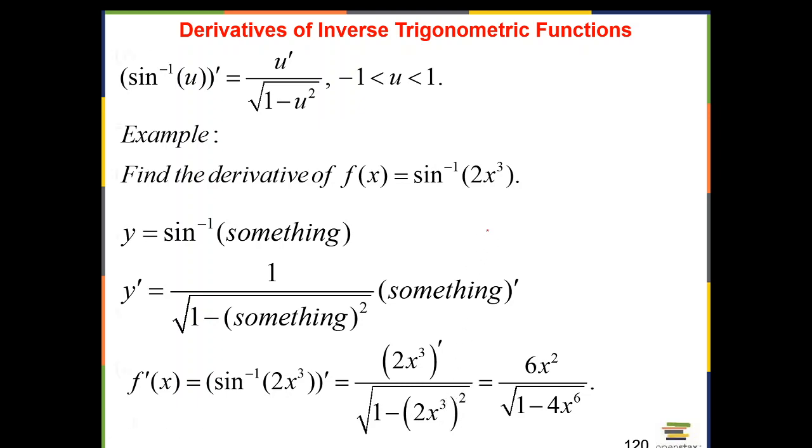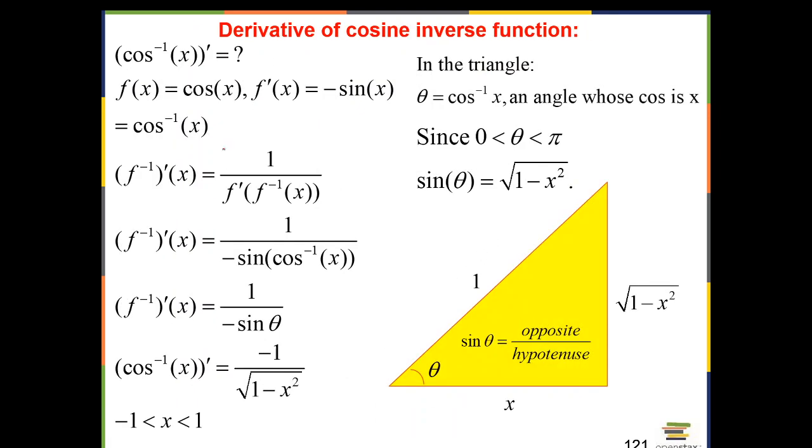All right. Now, what about the next inverse trig function, cosine inverse? Well, we use the same trick. We consider cosine inverse to be the inverse of cosine, and then we ask, what's the derivative of cosine inverse?